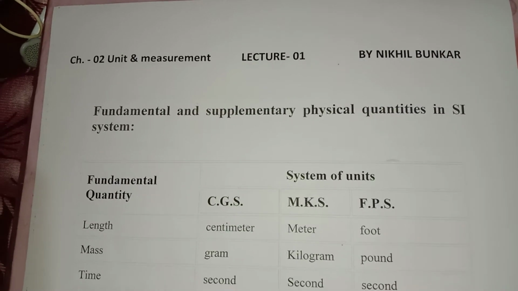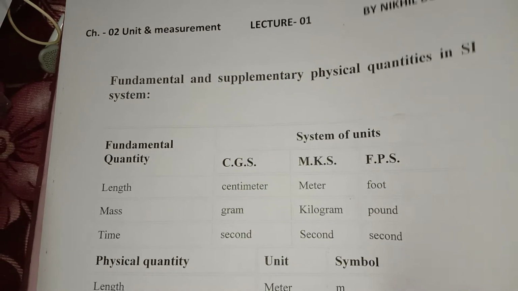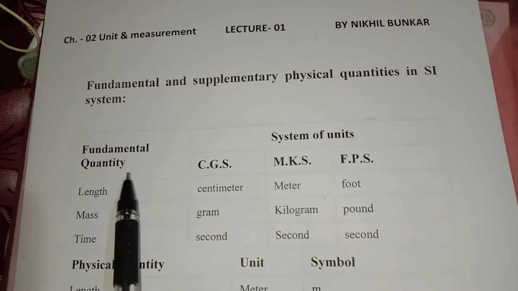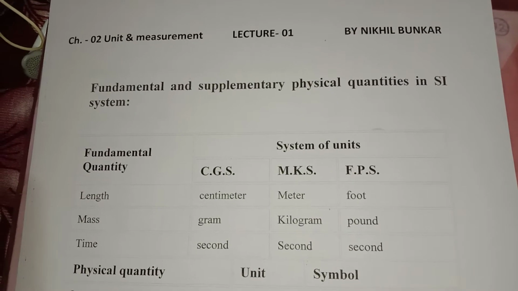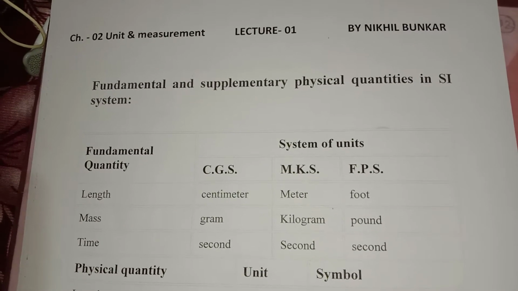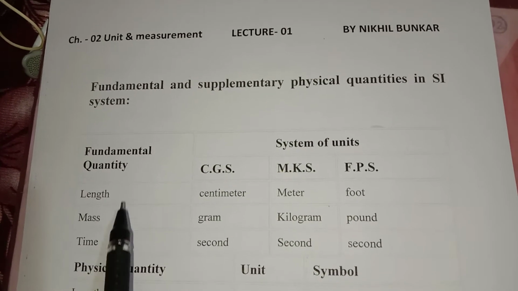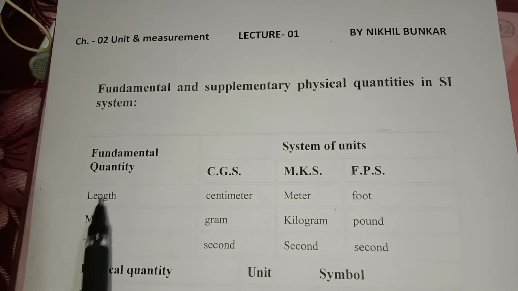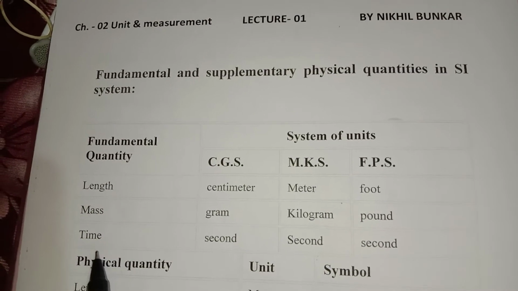So let us understand the fundamental quantities with the help of examples. So as you can see here, first of all we discuss the fundamental quantities. The fundamental quantities are those quantities which do not depend on any other physical quantity or other units to derive their own. Okay, so there are 3 fundamental quantities which are shown here, that are length, mass and time.